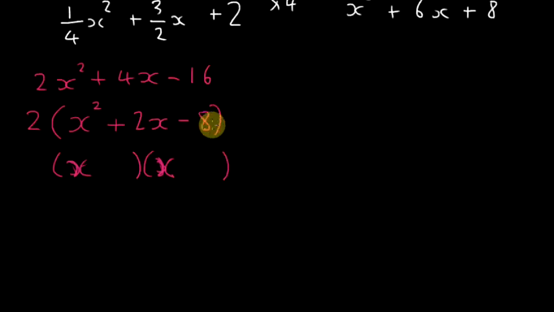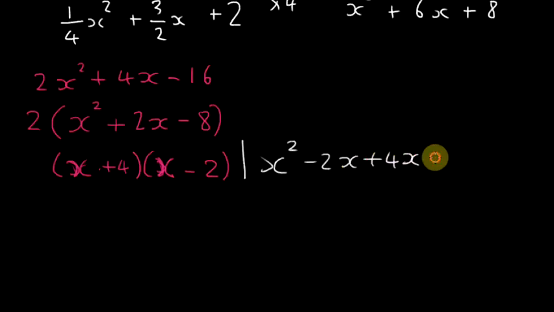So what do we want? We want numbers that add together and times together. So you're going to have 4 and minus 2. I'm going to go for this, and I'm going to check. Always check your answer. So x squared minus 2x plus 4x minus 8.